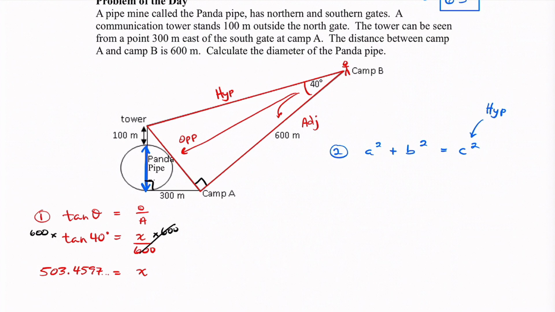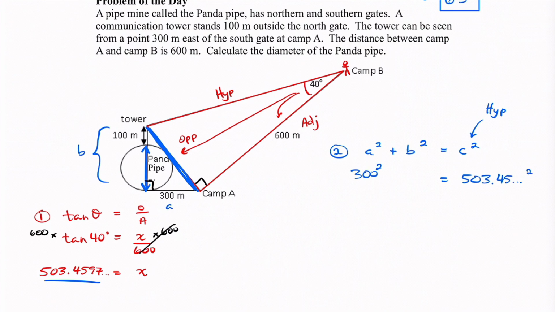In this case, the hypotenuse was this side right here, and we just found that was 503.45 dot, dot, dot, squared. The a and the b, it doesn't matter which one is which. So I'm going to make this side the a, and then I'll make this entire side the b.